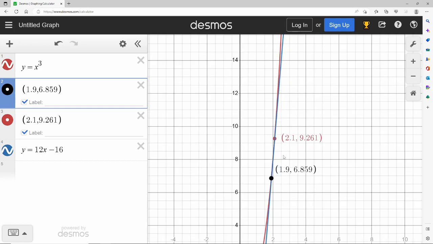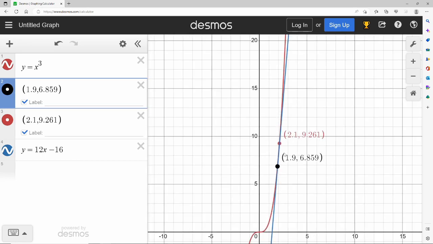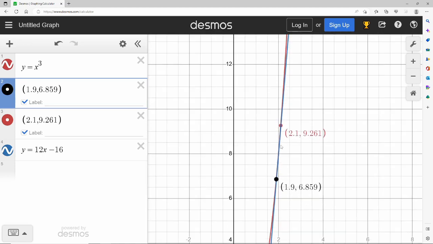Pleased to hear they both lie on the same curve, and 2.8 is right in the middle of the two, and that line does indeed look very, very close indeed.